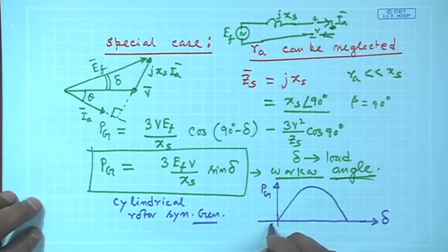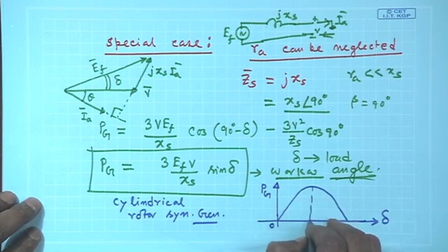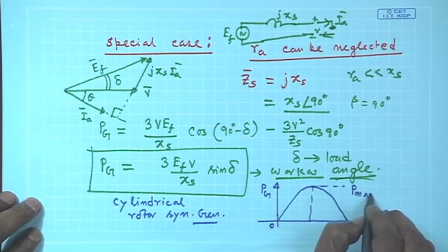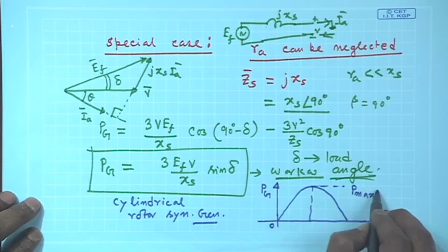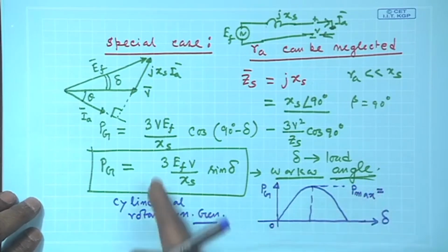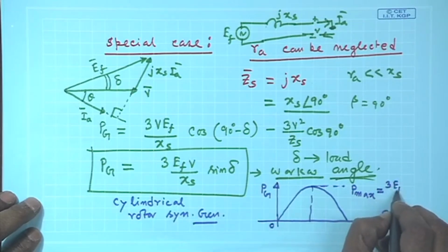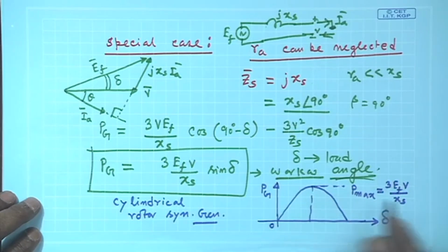And this is P max, which is equal to 3 E f into V by x s.